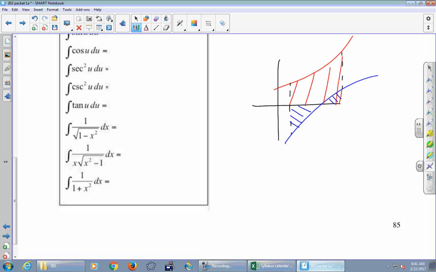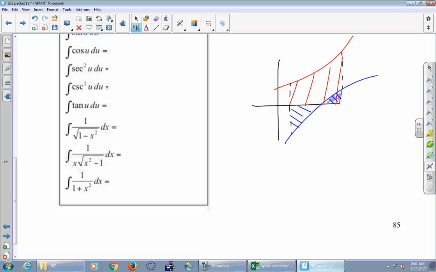If you just do top curve minus bottom curve, let's think about them separately. The area between the red curve and the x-axis is shaded in here in red, and that includes some stuff that we don't want to count, because it's not in between the two curves. And if we just do the integral of the blue guy, you'd have to do two separate integrals. You'd have some negative stuff here, and some positive stuff here.